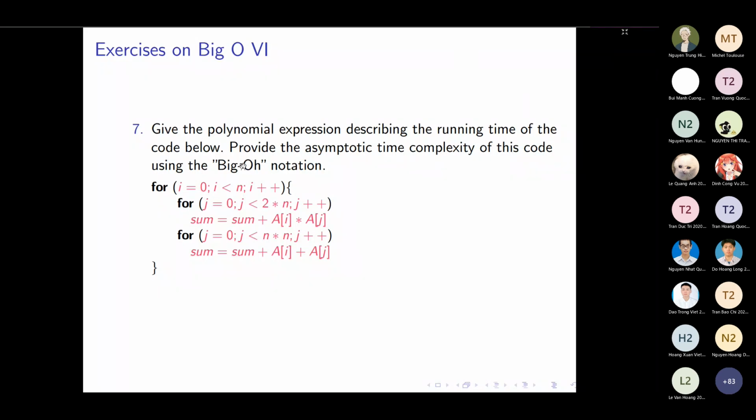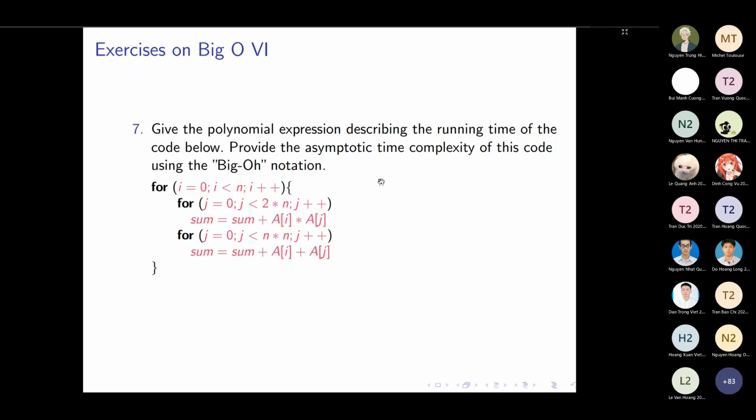who has the answer? You can raise your hand. Yeah, Nguyễn Tống Minh. Can you hear me? Yes, okay. I will go directly to the result.